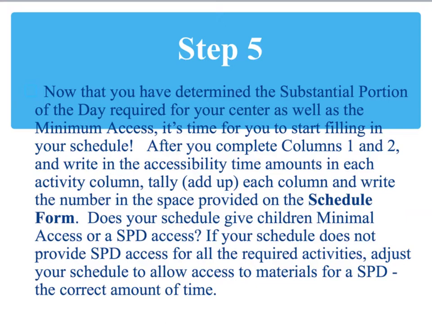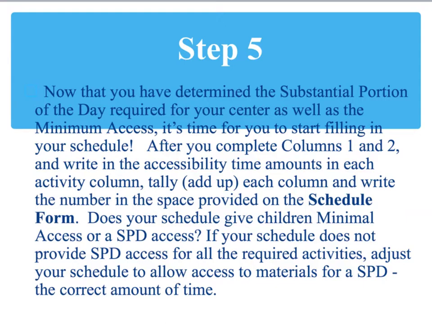You're going to want to look and see, does your schedule give children minimal access or substantial portion of the day? If you do not have at least substantial portion of the day, then you're going to want to go back and do a little bit more revisions on it until you get to substantial portion of the day.